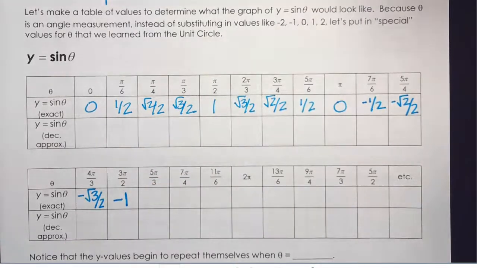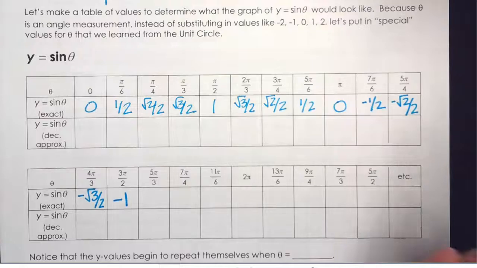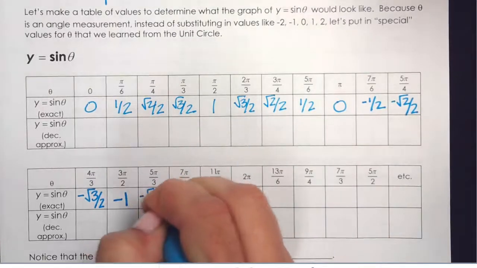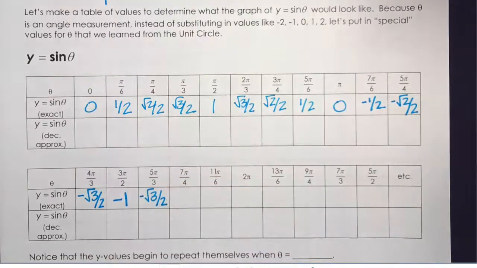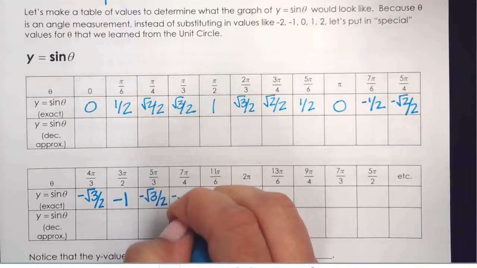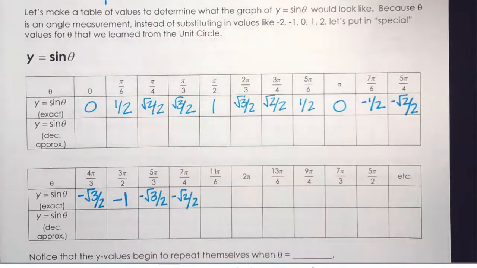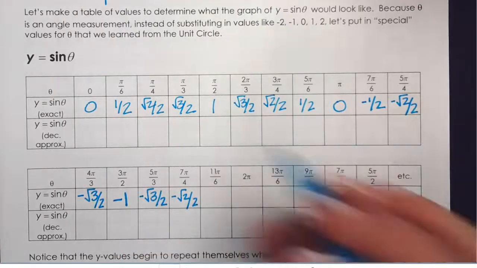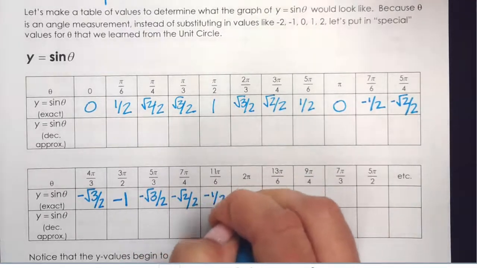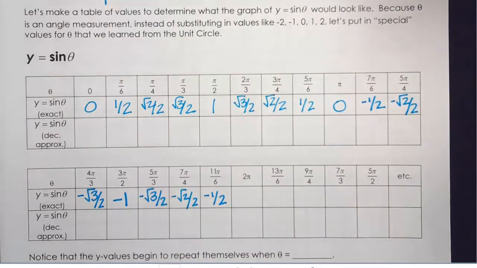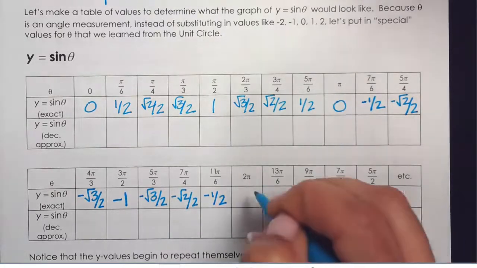And let's work our way back up. 5 pi over 3 is negative root 3 over 2. 7 pi over 4 is negative root 2 over 2. 11 pi over 6 is -1/2. And when we get back to 2 pi, the value of y is 0.